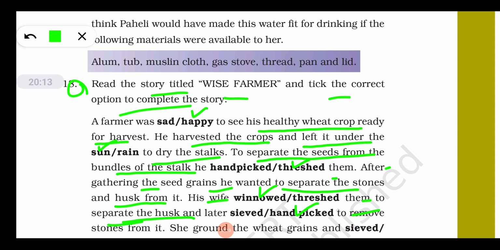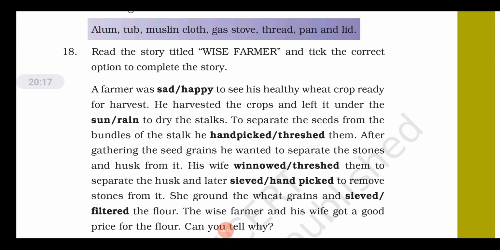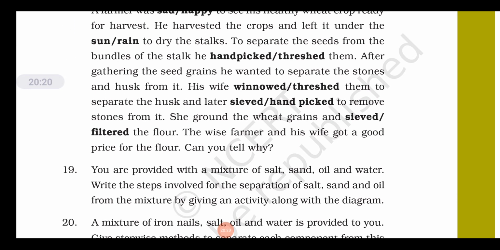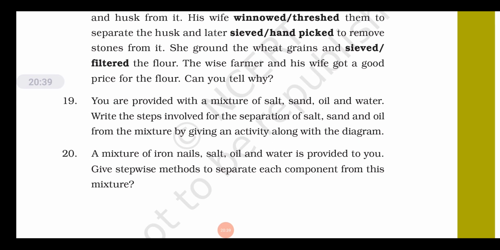And she ground the wheat grains and sieved, filtered नहीं आएगा, and sieved the flour. The wise farmer and his wife got a good price for the flour. Can you tell why? Yes, because they used correct method to get good quality of flour.